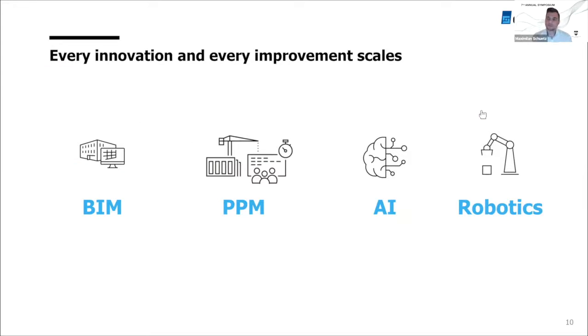But it's also a perfect foundation for every innovation and even every small improvement for us. Be it BIM, be it PPM, which of course is at the core, but also for AI and robotics. Because if everything is standardized, it instantly scales. We do over 500 projects each year.